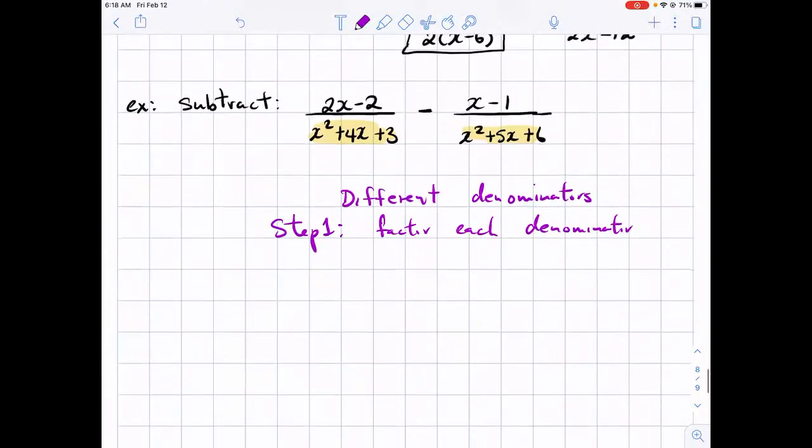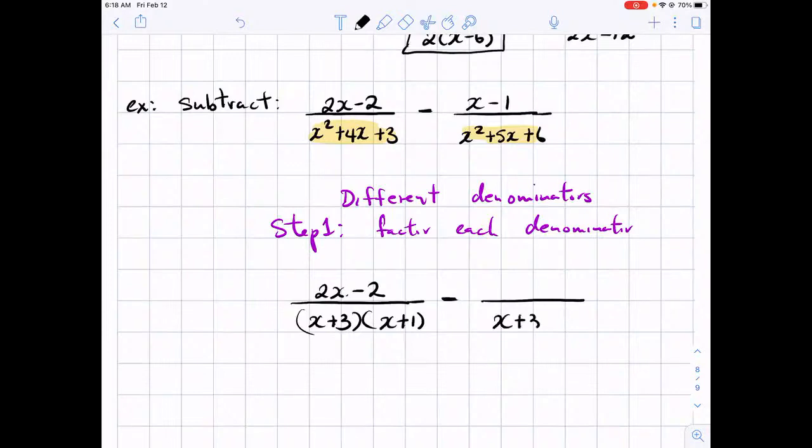Okay. If we do that, we have 2x minus 2 over x plus 3 times x plus 1, minus, if we factor the second denominator, x plus 3 times x plus 2.